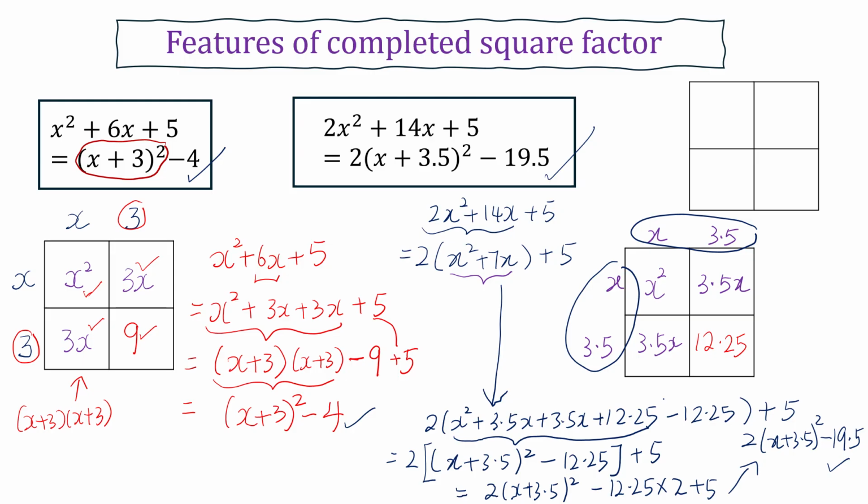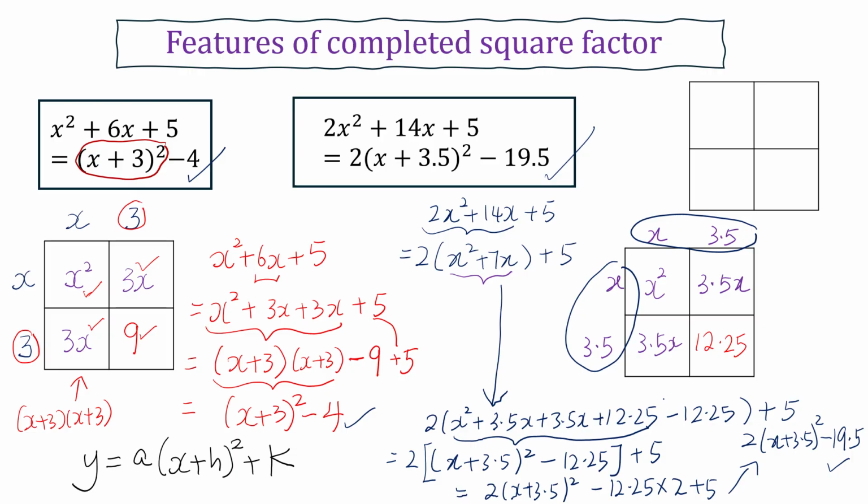If you were to look at the features, you'll see that after applying the completed square method, it's in the form a bracket x plus h close bracket to the power of 2 plus k.